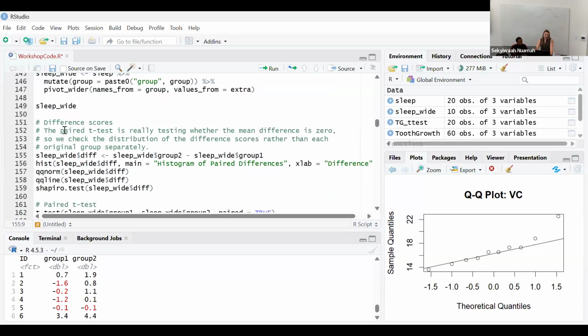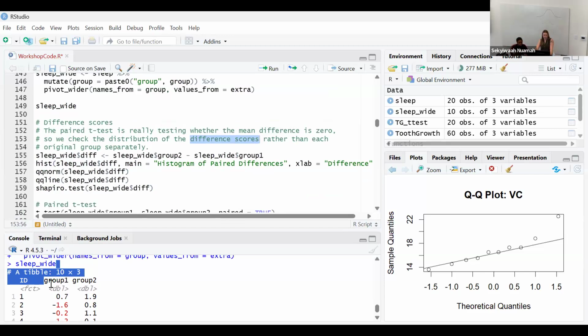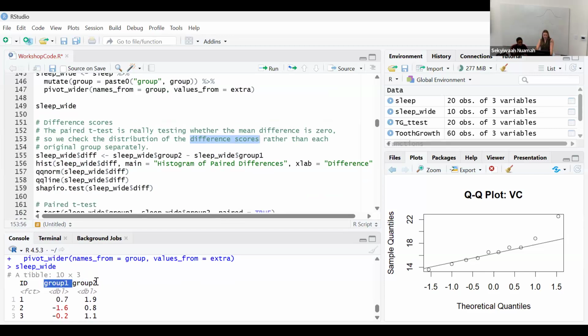Okay, so what the paired t-test is doing is testing whether the mean difference is 0. So we want to check the distribution of the difference scores rather than each original group separately. Instead of testing group 1 and group 2, we're going to take the difference, subtracting group 1 from group 2.